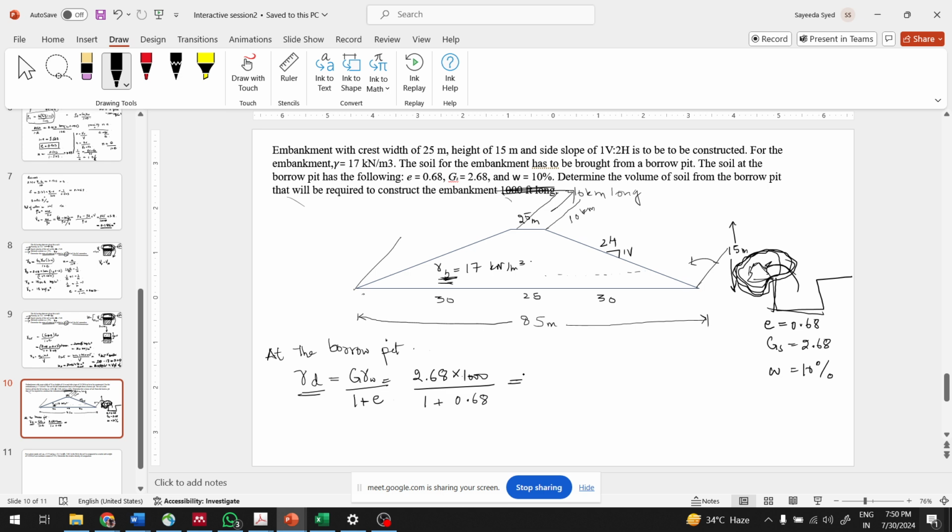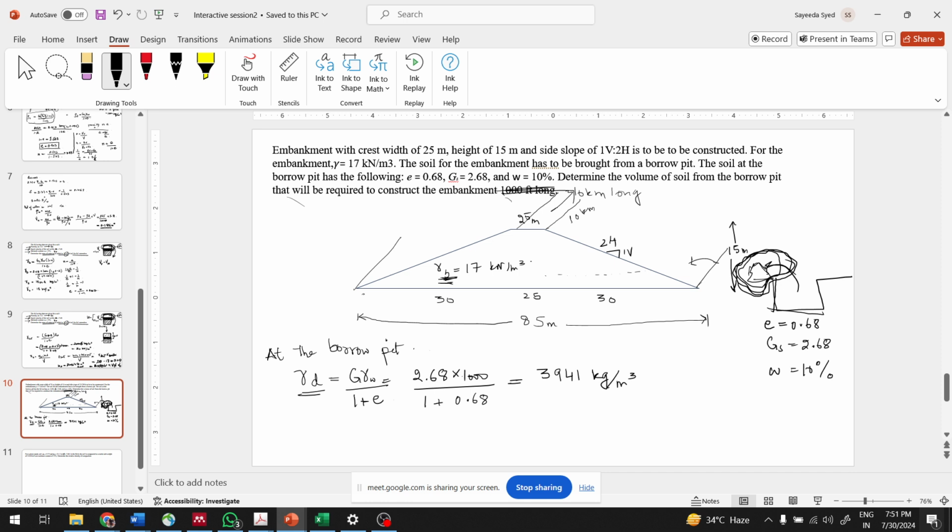This comes out to be, okay, 3941 kg per meter cube.